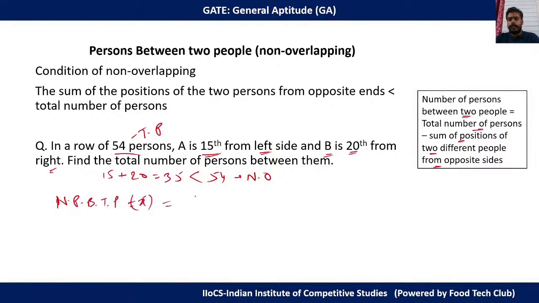That is equal to total number of persons, which is 54, minus the sum of positions, which is 35. How much will I be getting here?